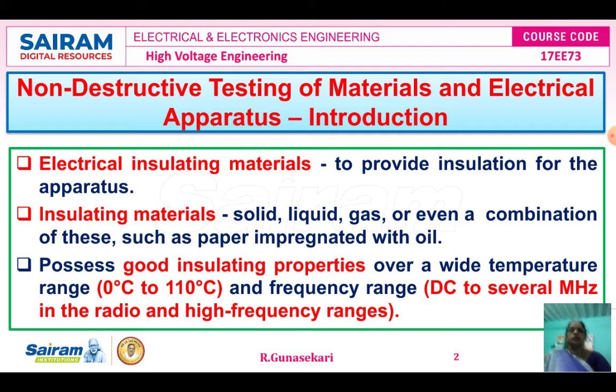Electrical insulating materials have good insulating properties over a wide range of temperature, that is 0 degree centigrade to 110 degree centigrade, and a wide frequency range, that is DC to several megahertz in the radio and high frequency ranges.